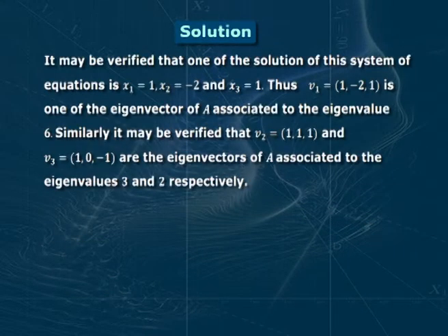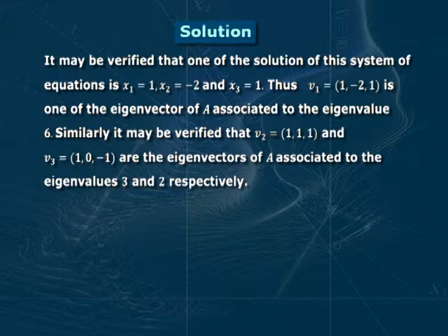It may be verified that one of the solutions of this system of equations is x1 = 1, x2 = -2 and x3 = 1. Thus, V1 = (1, -2, 1) is one of the eigenvectors of A associated to the eigenvalue 6.